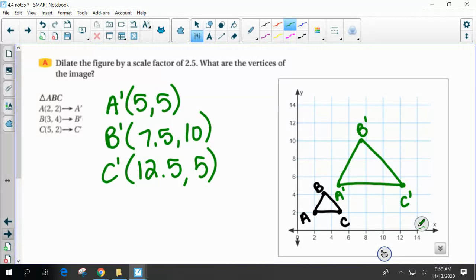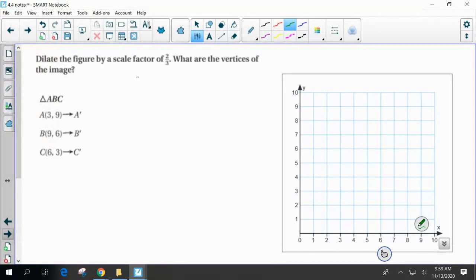Okay, so we're gonna look at the next one. And the next one has a scale factor of 2/3. Okay, so 2/3 is not a terminating decimal, right? Like 1/2 is terminating, it's 0.5, but what is 2/3? 0.6 repeating.